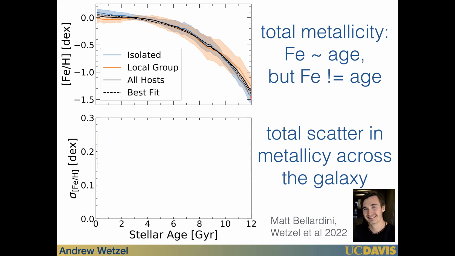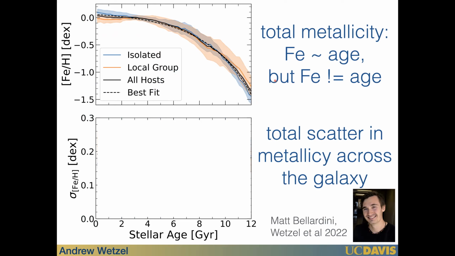So at early times, the progenitor was relatively more metal poor, and then it enriched over time. But with non-trivial scatter. So we have to be a little bit careful, as we commonly conflate, say, metallicity with age. But of course, there's non-trivial scatter. So we should be a little bit careful about how quick we are to trivially relate, say, iron abundance to stellar age.